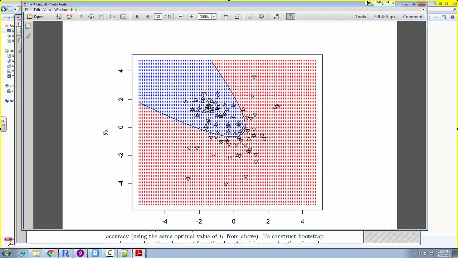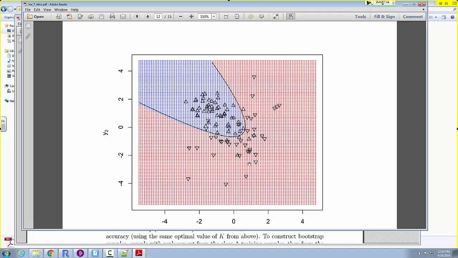So every time an upward triangle fell into the red region, our model would make an error. We would predict not cancer, and we're using the best model we can, but still it's going to make some mistakes possibly. So in this case, we would have made a mistake, and you can find others in the opposite direction. But this is like the best you can do with these data.